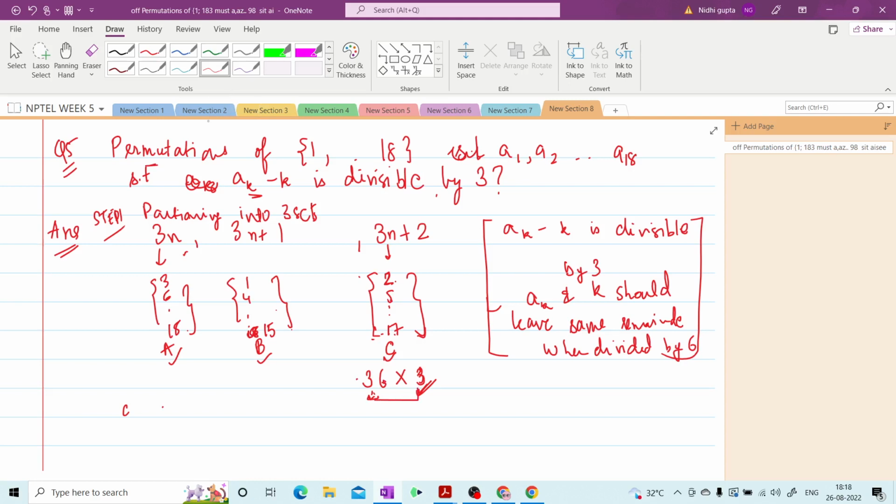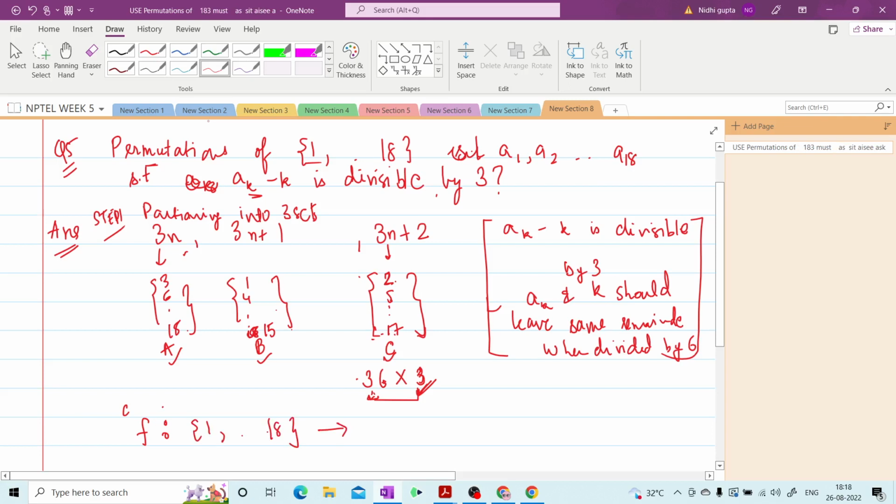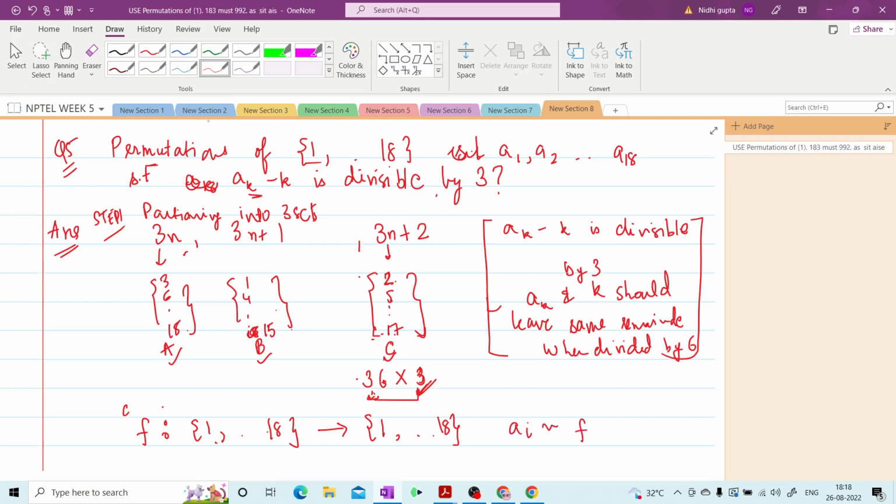The question was you have to find the permutation of the set A1 to 18. That means you have to find a bijective function from 1 to 18, and A_i basically refers to the image of i.